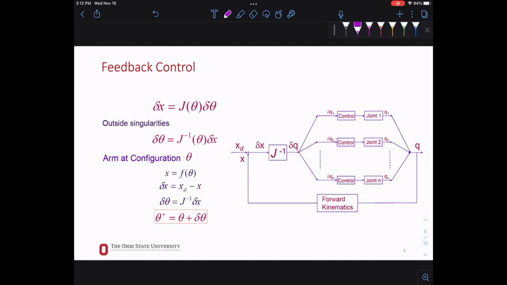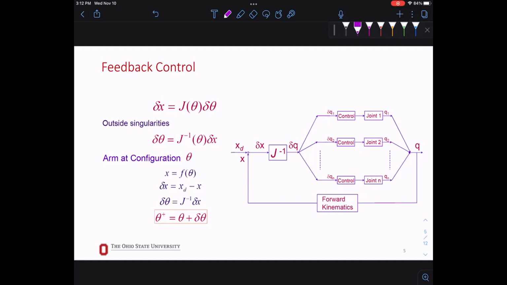We have delta theta, which is the Jacobian inverse times delta X. We can find what our next theta would be, based on the initial theta, the initial configuration, plus this change. Every time you calculate that Q, which is all your thetas, send it to forward kinematics, X minus X desired. That's what is here. You create this delta X, and you go and find changes.